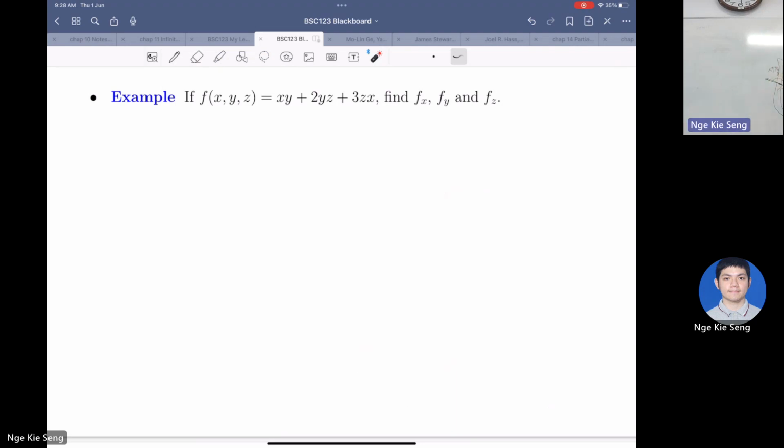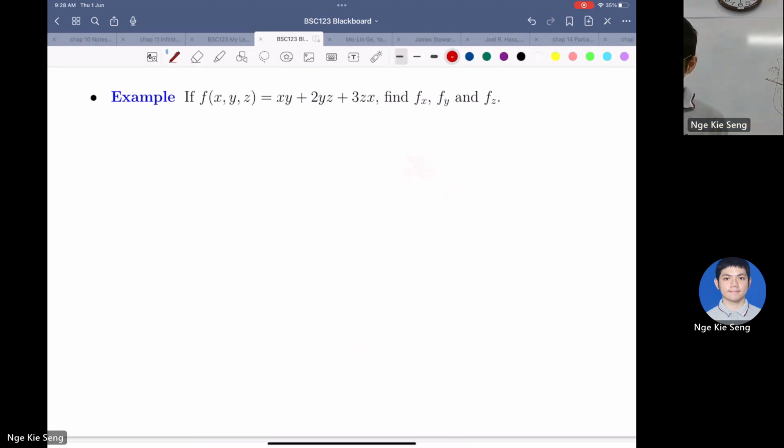So if you are free, you can compute up to the second derivative. How many second derivatives here? 8. 2 to the power 3, 8. You got xx, xy, xz, yy, yx, yz. Wait, let me write down.